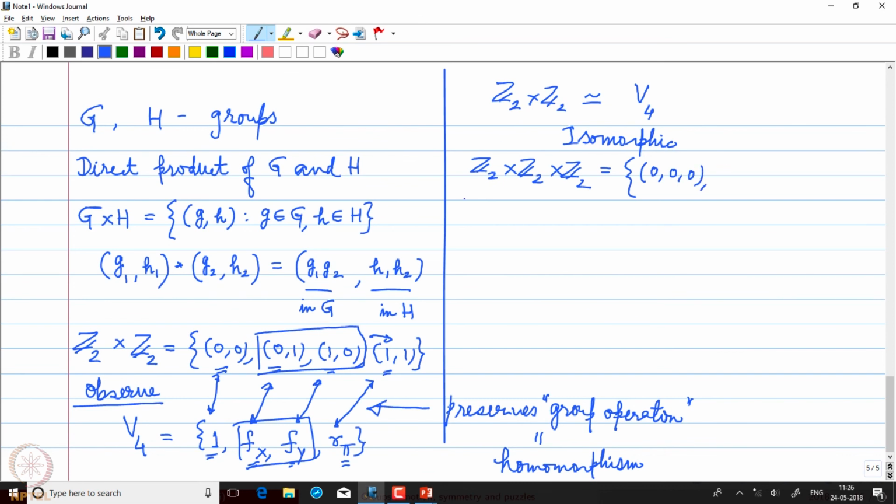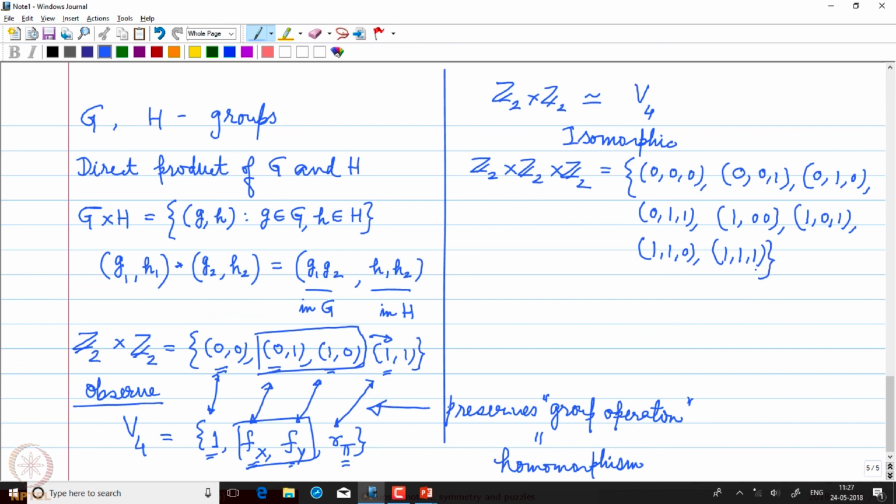I am just taking once more the direct product exactly in the same fashion as we do for the Cartesian product. 0, 0, 0, so 0, 0, 1, 0, 1, 0, 0, 1, 1, and then 1, 0, 0, 1, 0, 1, 1, 1, 0, and 1, 1, 1, right?